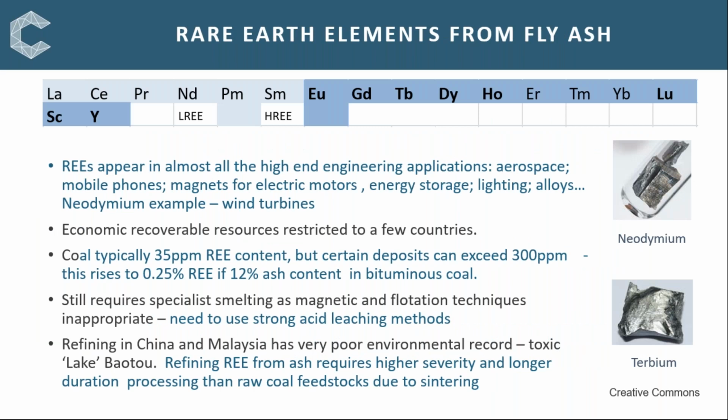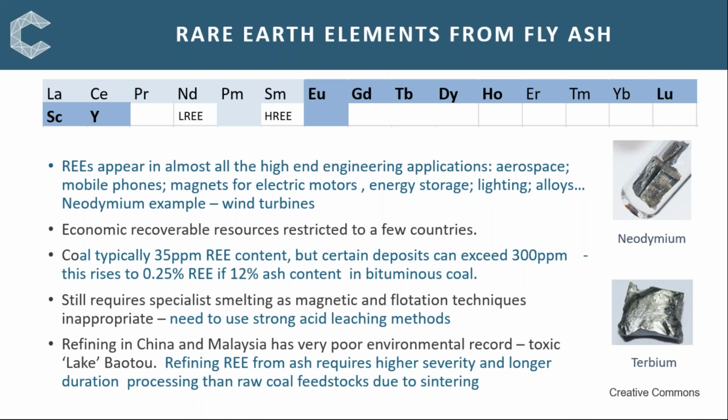These are mainly found in the lanthanide series of the periodic table, which I've shown here, together with scandium and yttrium. Demand for these is rising rapidly, as they're needed in all modern electronic gadgets, but also for electric motors.